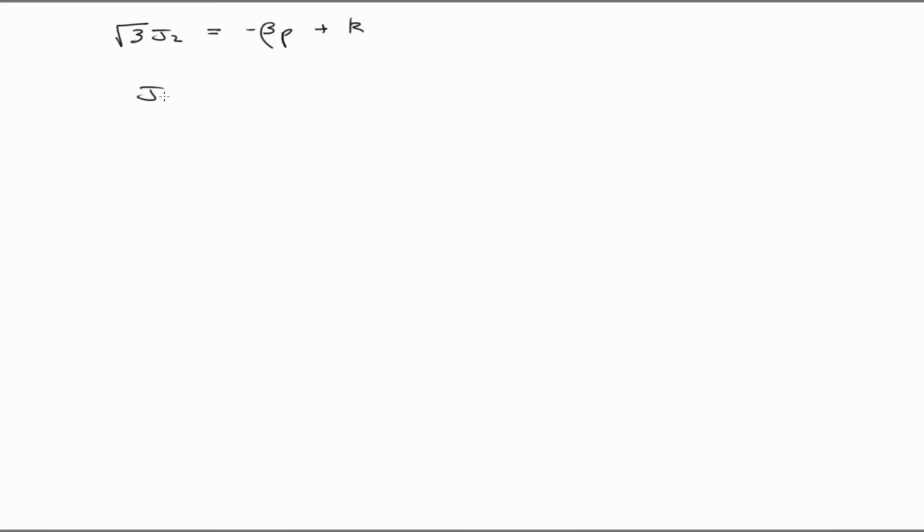So then J2 is equal to 1 over square root of 3 times minus beta p plus k. You okay with that? Yeah.